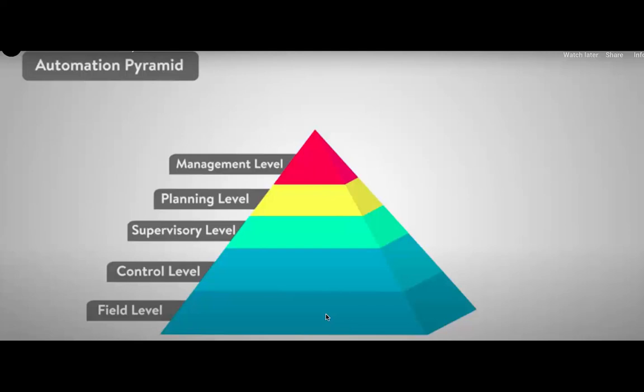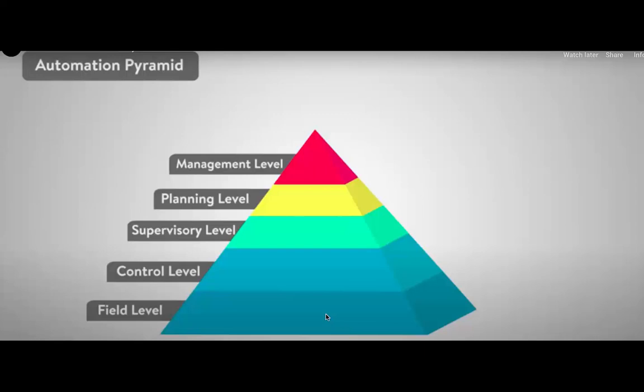Then comes the supervisory level. In this level, field data is monitored. It is also stored and controlled by using systems like HMI, human machine interface, SCADA, supervisory control and data acquisition system, and DCS, distributed control system.